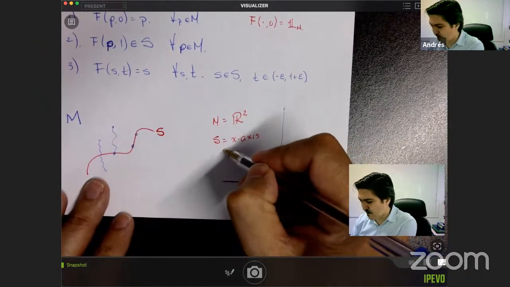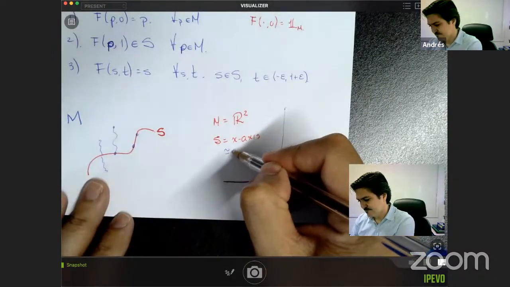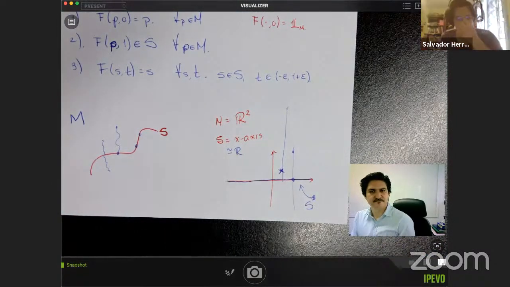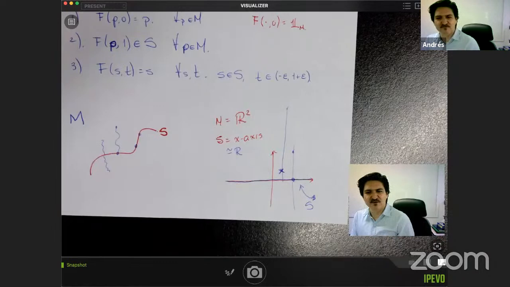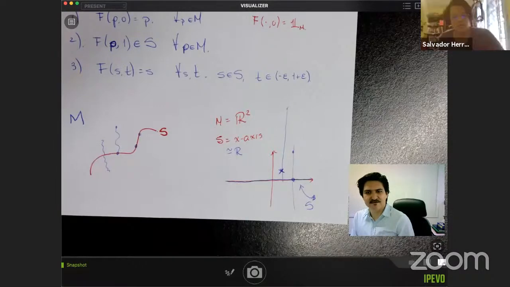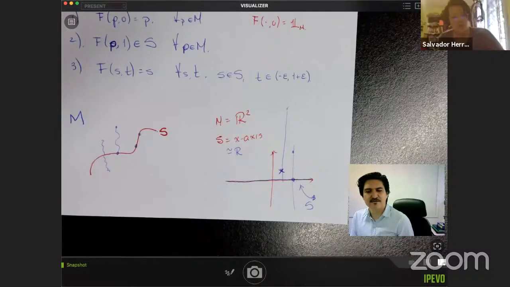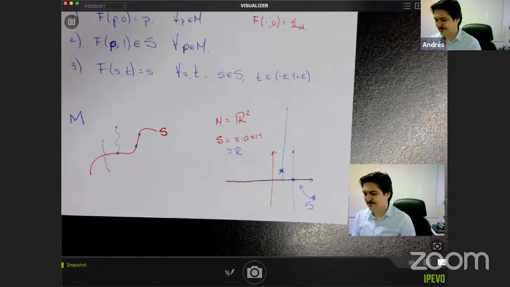It will be the same as that of a single point, right? And what is the cohomology of the punctured plane? Is it the same as the cohomology of R? No, the same as the circle.